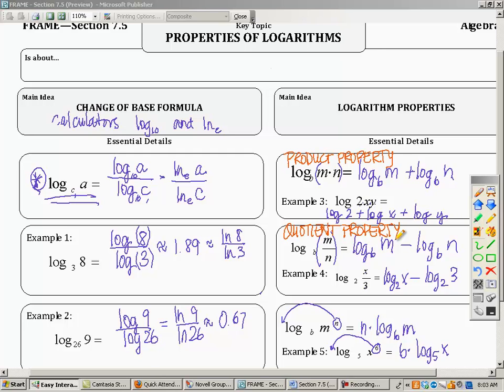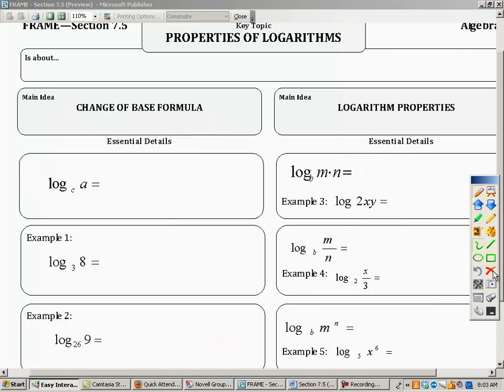And the last one with an exponent, we call that the power property. Okay, so at least you have names kind of attached to them, in case we say use the quotient property and you say, well, I don't know which one that is. That's the division one.